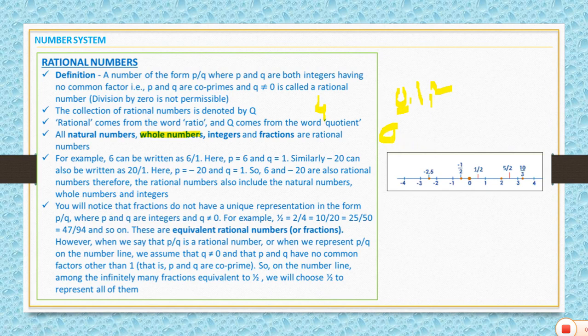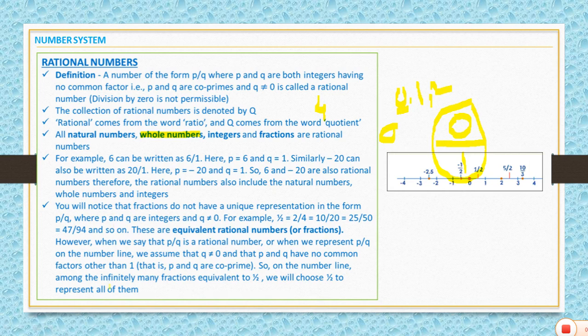You have to take this 0 in numerator right now and divide it by 1. Now this is in the form of P by Q. So whole numbers can also be expressed in P by Q form. 0 divided by 2, 0 divided by 3 is 0 only, right? So I can express this in P by Q form.